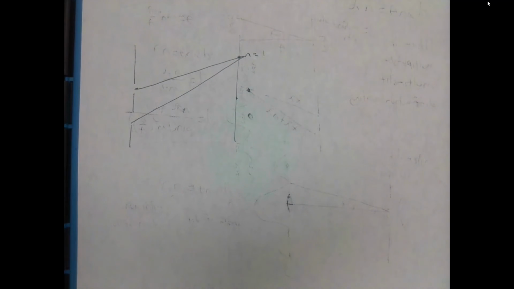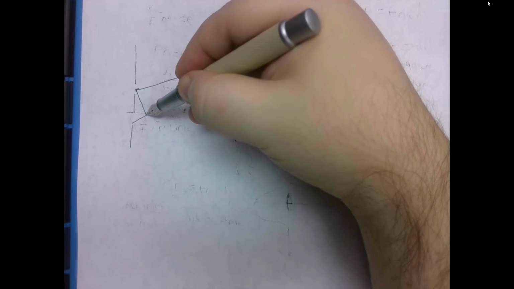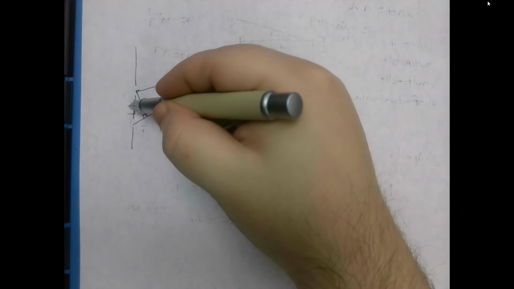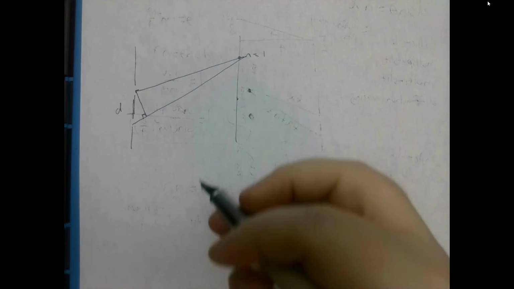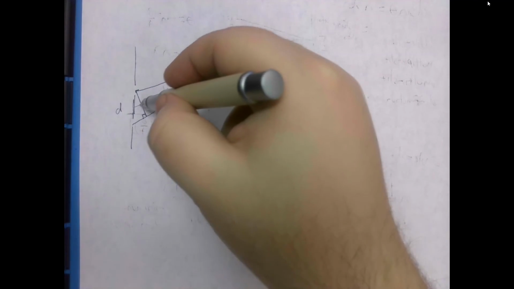So what I'm going to do is draw a perpendicular line right here so we have a right triangle. This hypotenuse will be d. And we have some angle right here.